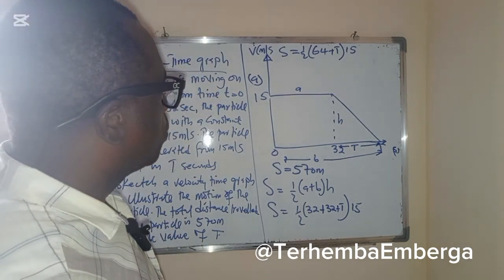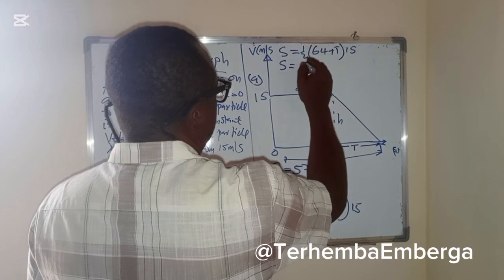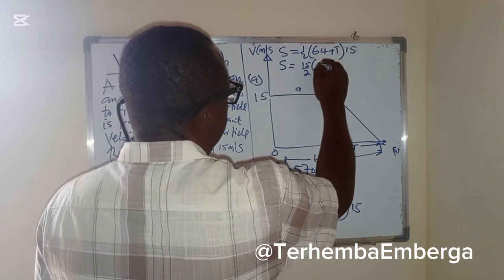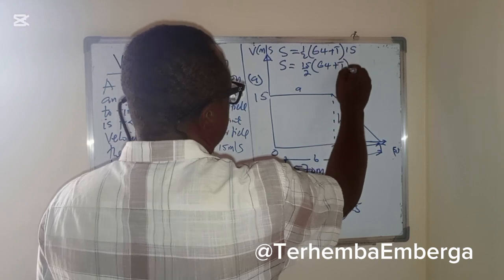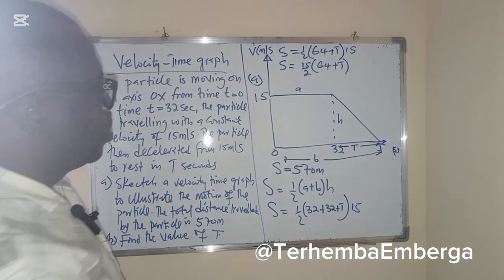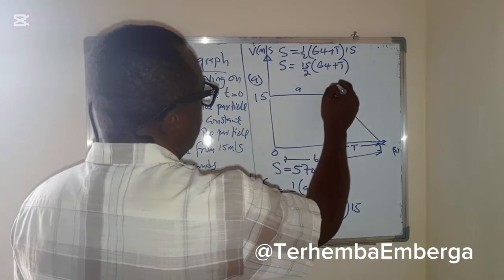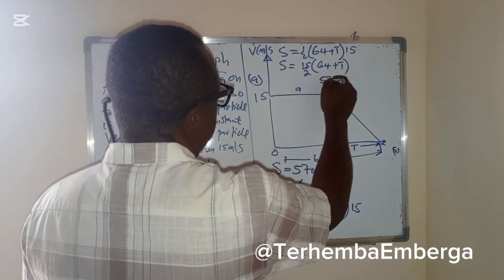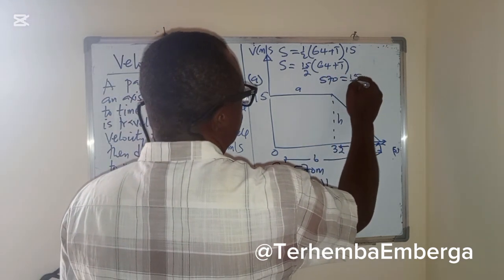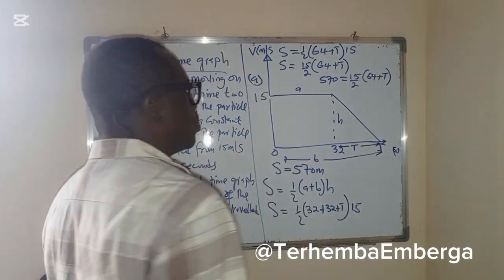So we can write this as S equal to 15 over 2 into 64 plus t. Our S is 570. So we can write this as 570 equal to 15 over 2 times 64 plus t.